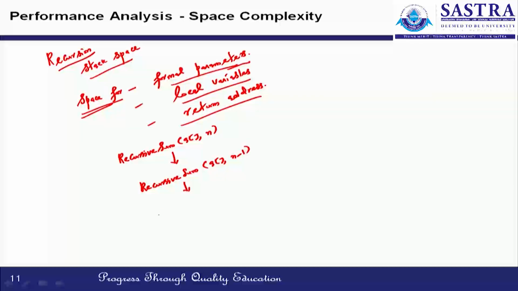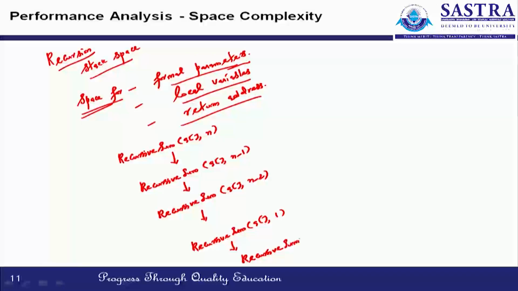Then this invokes the recursion recursive sum of A array comma n minus 2, etc. Last but one, recursive sum of A array comma 1. Then the last recursive call is recursive sum of A array comma 0.